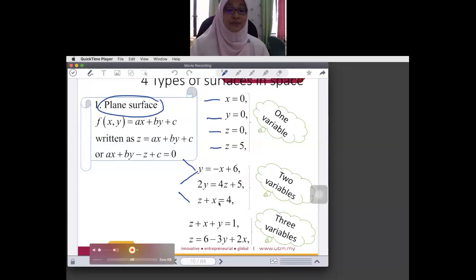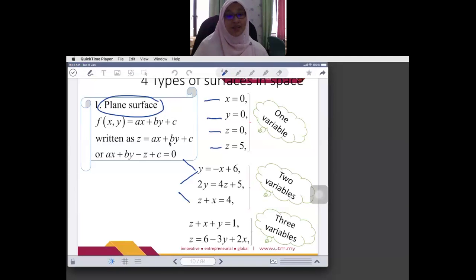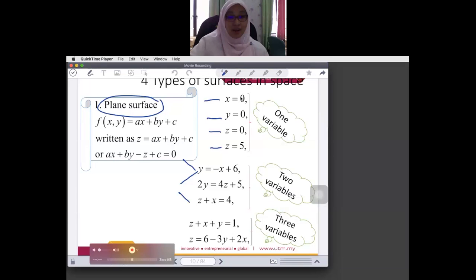Remember, even though the equations given to you may have one, two, or three variables, the thing that we discuss right now is about two-variable functions. When we talk about two-variable functions, the sketching must be in 3D. I'm sure that you will be confused.